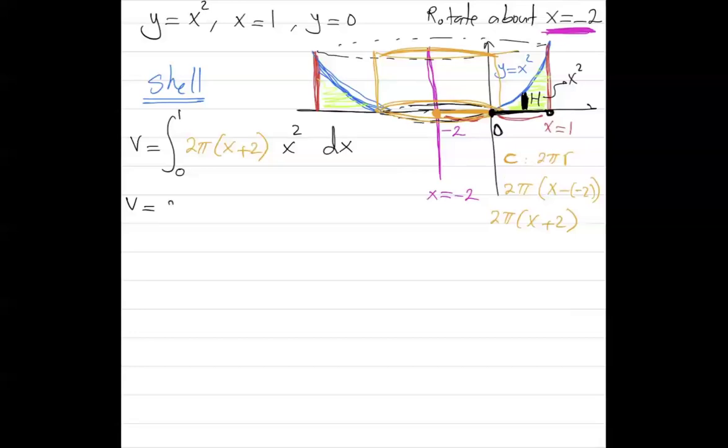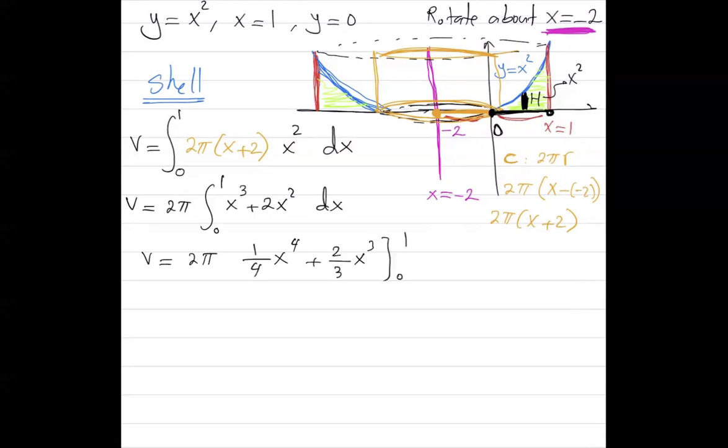The volume is 2 pi times the integral, distribute x squared into the parentheses, get x cubed plus 2x squared dx, and the volume becomes 2 pi times 1/4 x to the 4th plus 2/3 x cubed, where x ranges between 0 and 1. So volume is 2 pi times 1/4 plus 2/3.